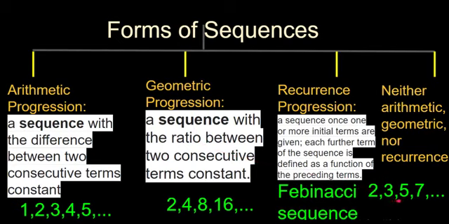It is not geometric because none of them is a multiple of the other. It is not recurrence, as you can see, one is not dependent on the other. It varies. We also have other sequences which are not listed here, just to focus on some of them.